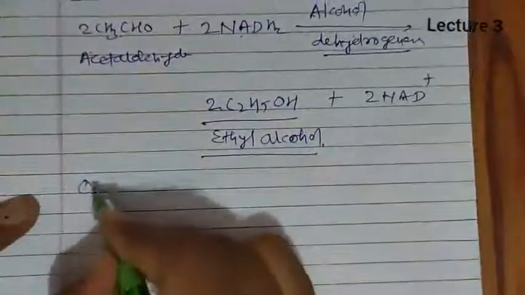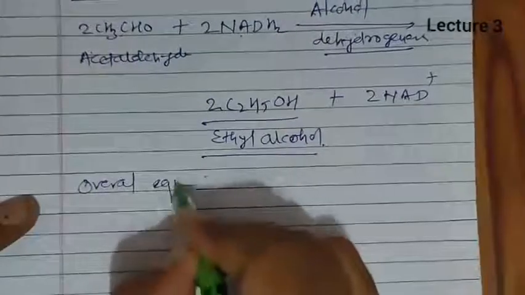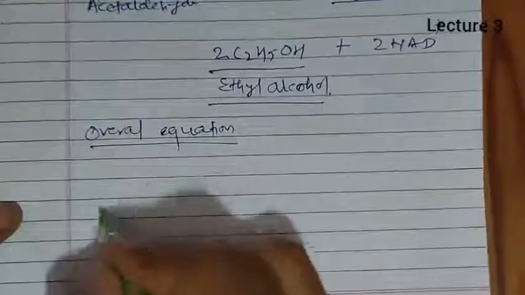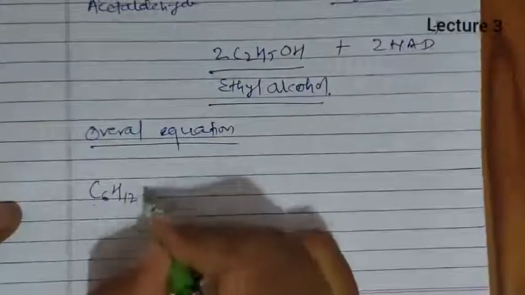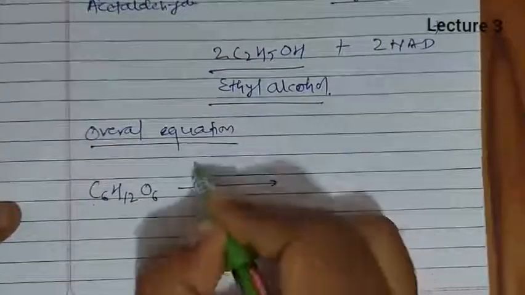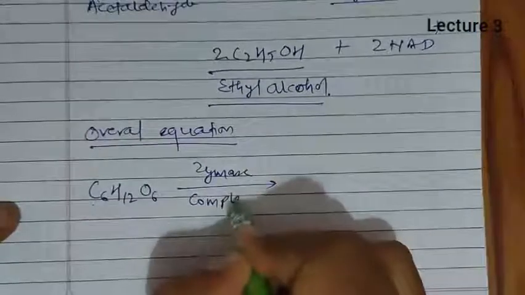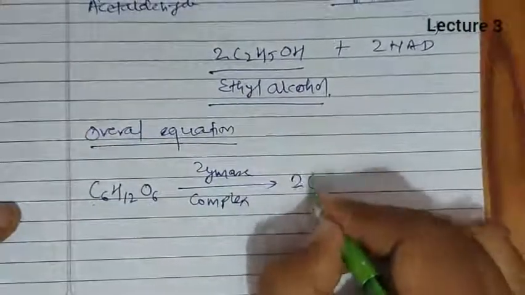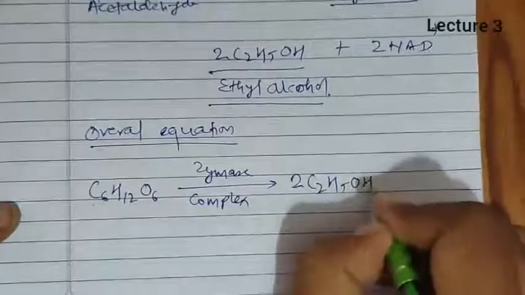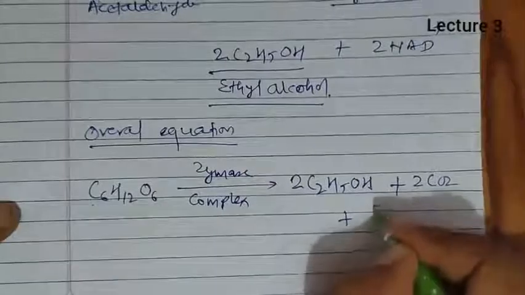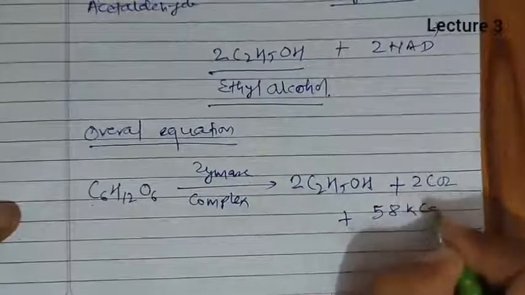So the overall equation becomes like this: C6H12O6 in the presence of the zymase complex converts into C2H5OH plus 2CO2 plus 58 kilocalorie energy.